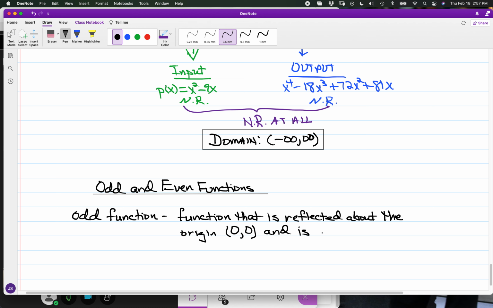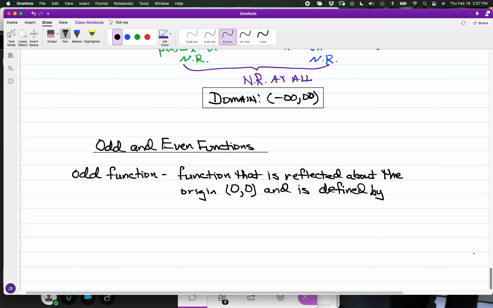And this is defined by f of negative x being equal to the opposite sign of f of x.